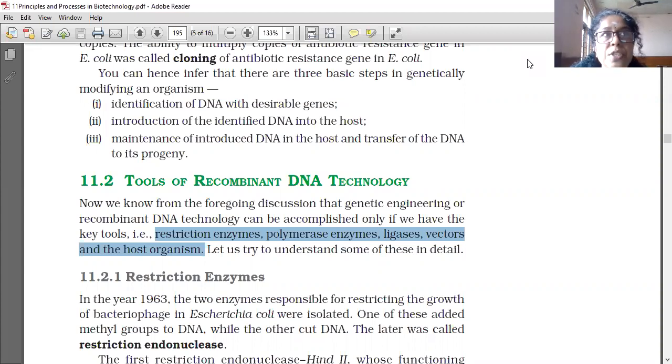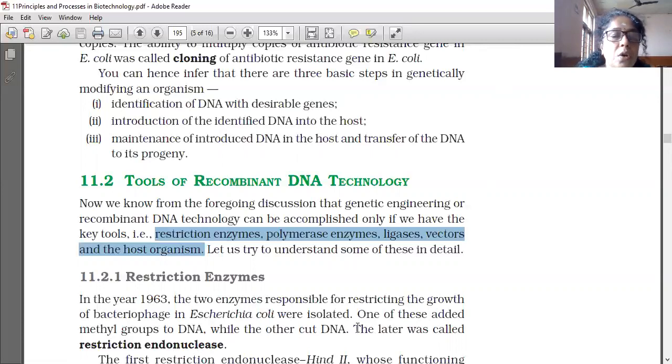Bacteriophage is a virus which grows only on bacteria, and Escherichia coli is a bacterium. One of these enzymes added methyl groups to DNA, while the other cut DNA.